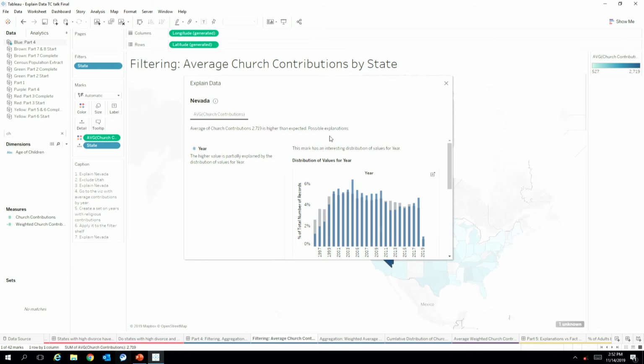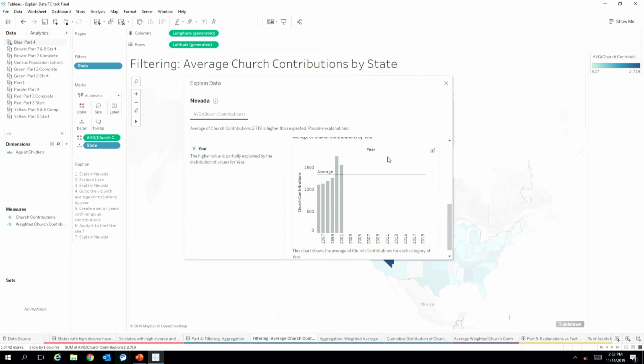And so now it's come up with an explanation. In this case, the explanation is year. If I scroll down, I'll see here that there are only church contributions up until 2001, and the last 18 years of the survey didn't have that field on the survey.